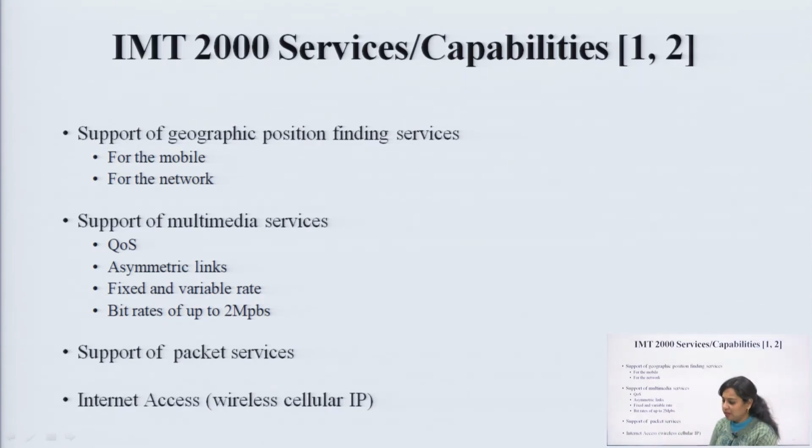Now, next it provides support for geographic position finding services, that is the GPS technique. It can be used for mobile phones, and for any other network. Support of multimedia services, that is, quality of service will be maintained. Asymmetric links are there, fixed and variable rate. Now, why fixed and variable rate?